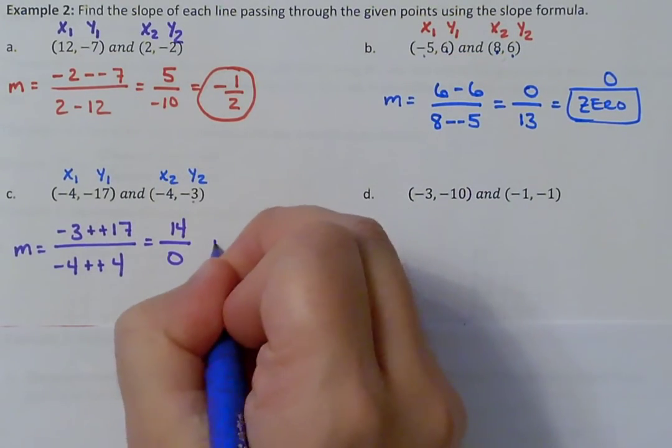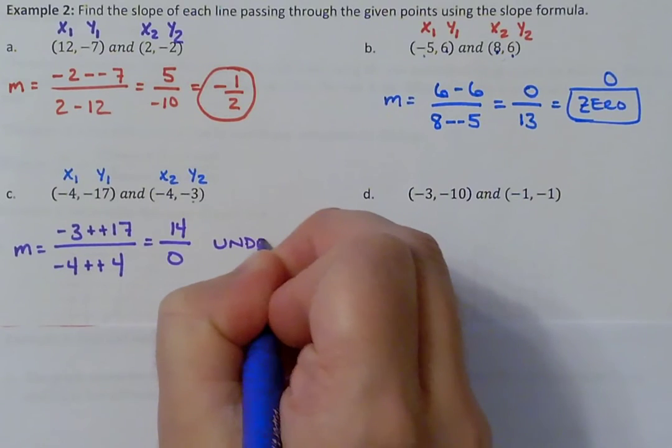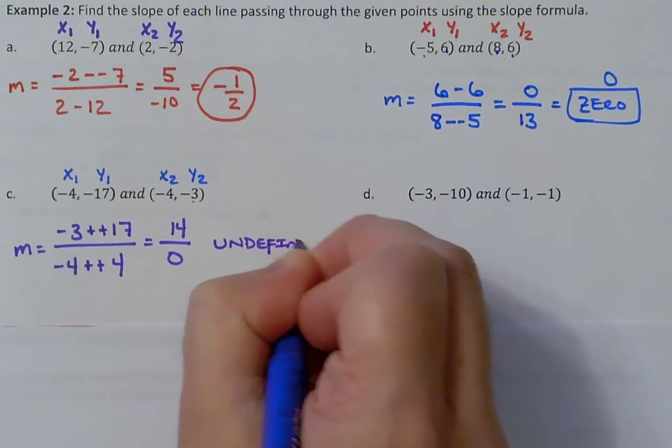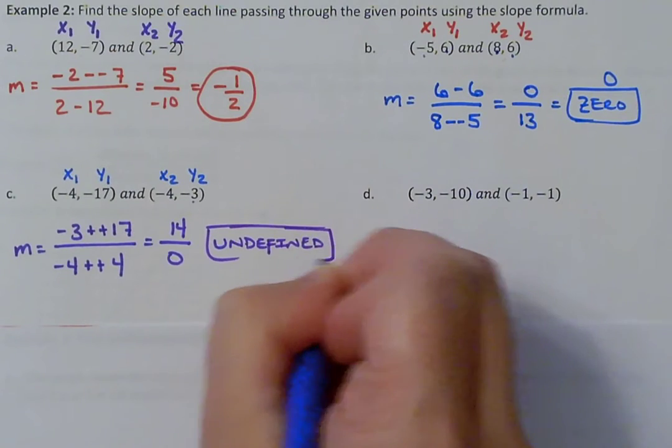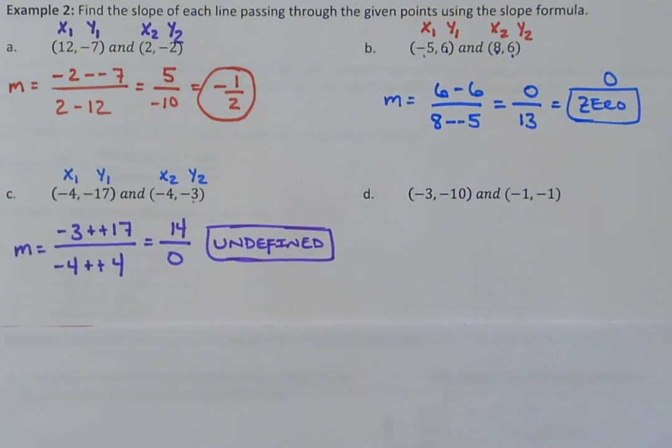So our slope is undefined. And that is how you do part C.